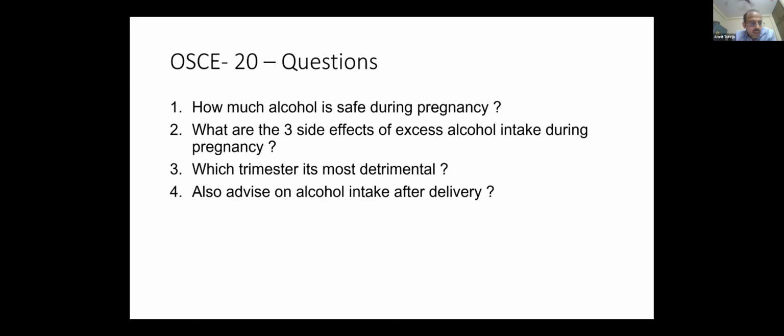If we can take it, what advice? So one question is during pregnancy, one is after pregnancy, and three side effects and which trimester.